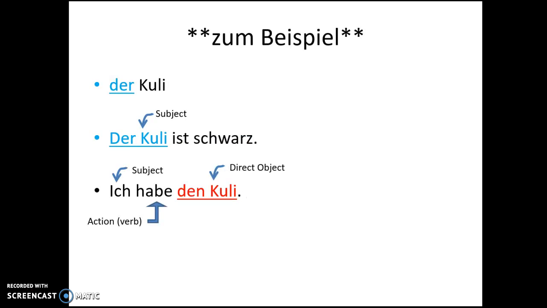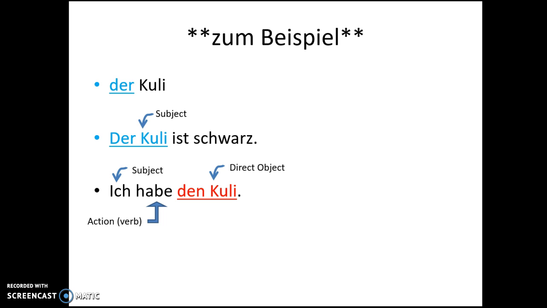So we had our example sentence before where we had der Kuli, which we know is normally masculine. Then we have in the first sentence, der Kuli ist schwarz. So there is only one object. So obviously Kuli is the subject. Then we have this sentence here where we do have the accusative.